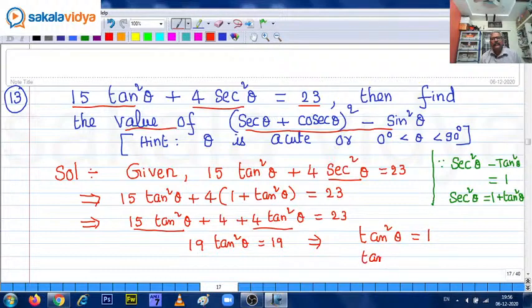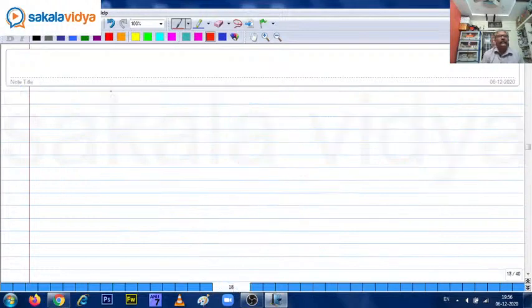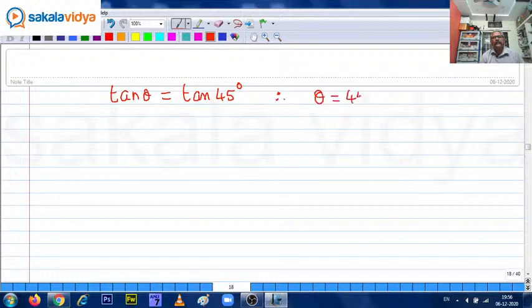So tan theta equals square root of 1. Check: theta lies between 0 and 90, so that will be positive only. Tan theta is equal to 1, which means tan theta equals tan 45 degrees. Therefore we get theta is equal to 45.